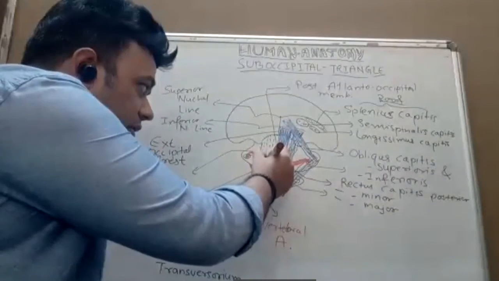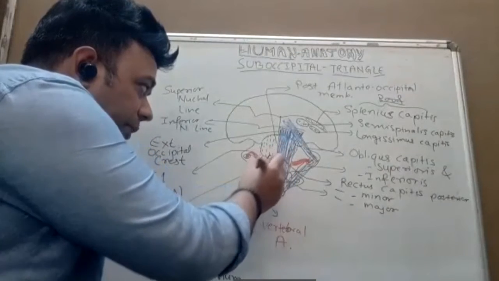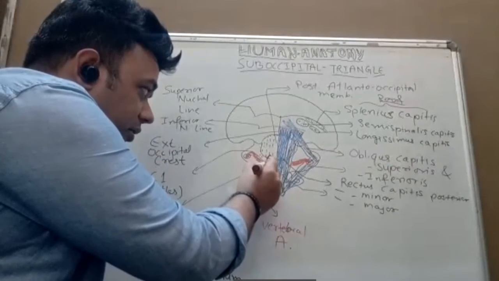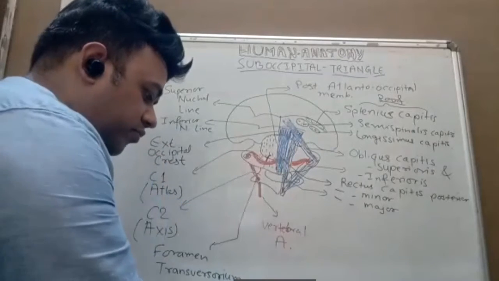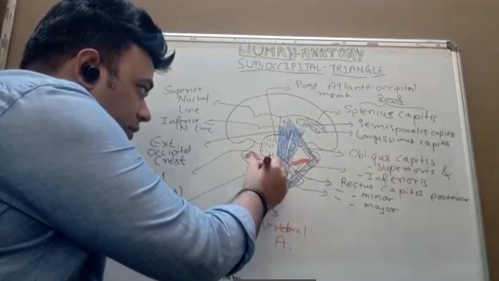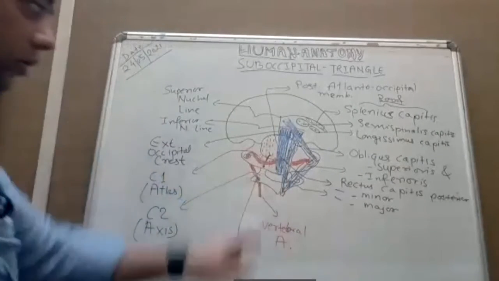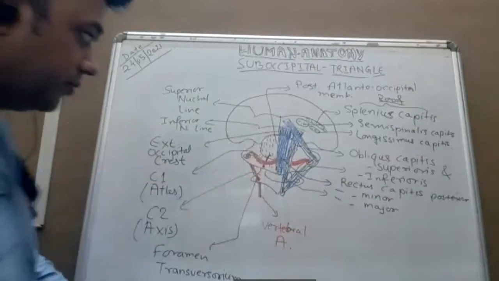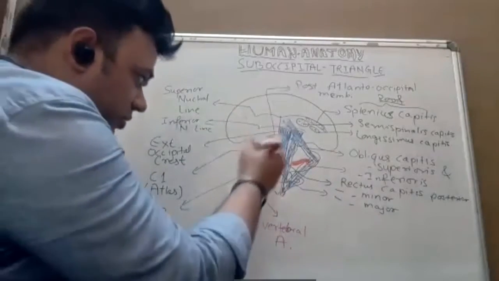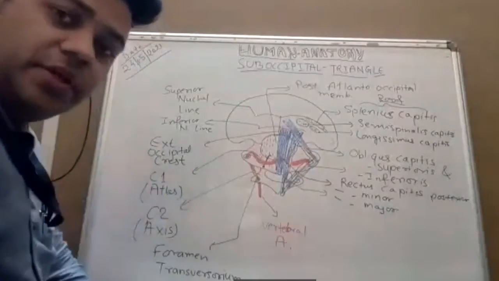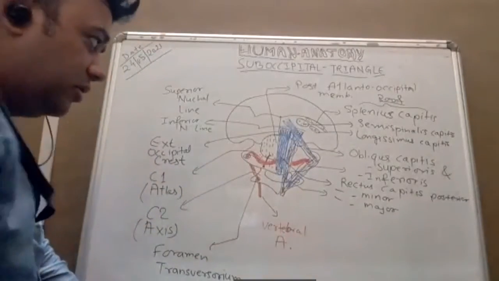and this will emerge in the triangle between the first cervical vertebra and the artery. Here, and it will divide. So at this point below the vertebral artery, it will divide into 4 branches. The 4 branches only, but it has to supply the muscles forming the boundaries of the suboccipital triangle.